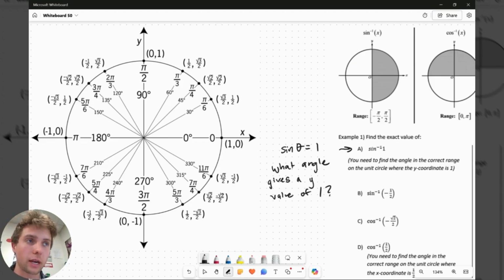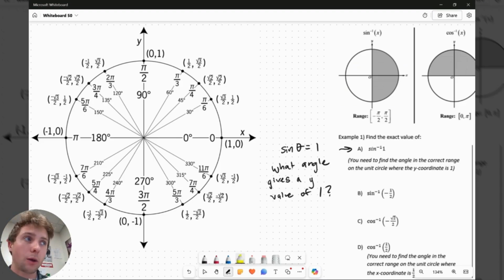When you take an inverse trig, what you are asking yourself is what angle gives you a specific value. In this case, we're looking at sine. We know sine is the y value. So what angle gives a y value of 1?